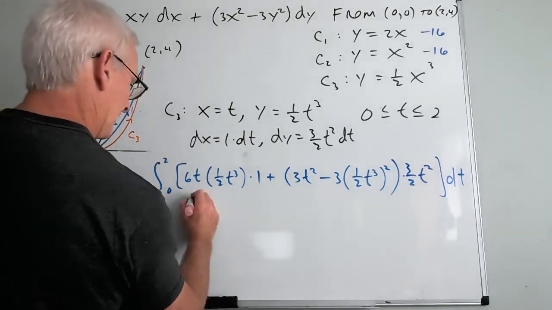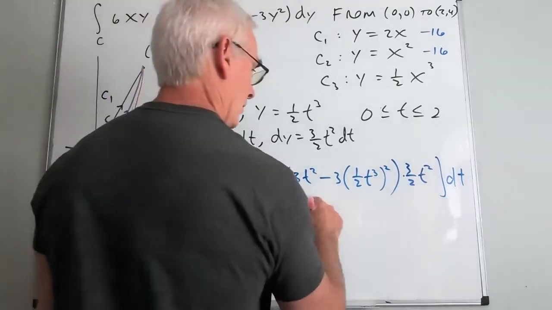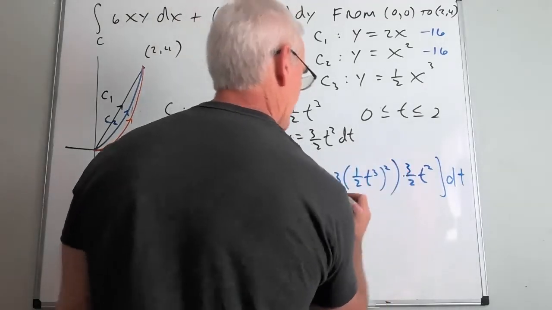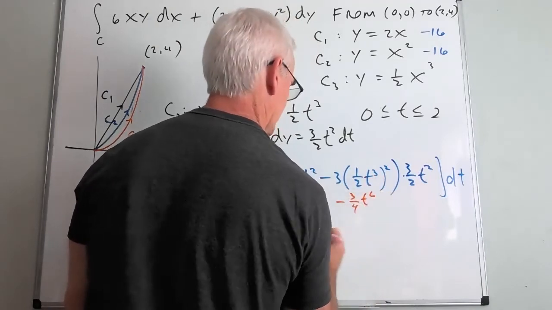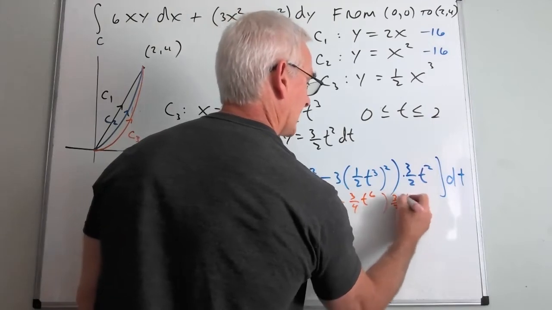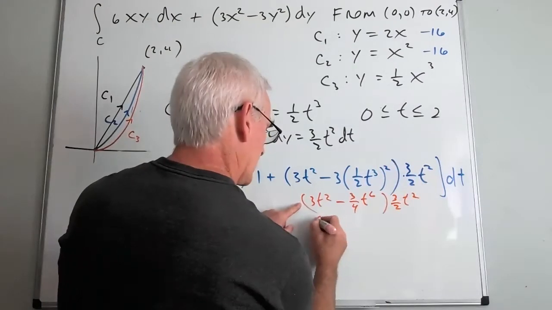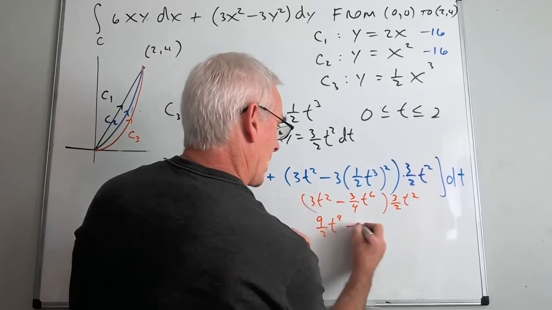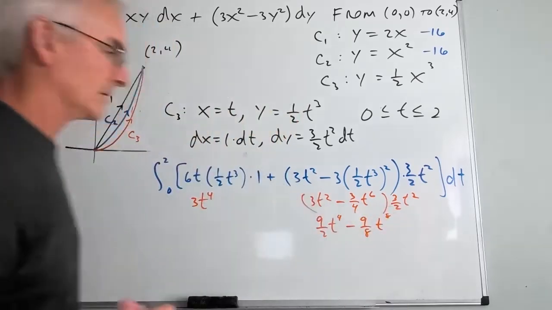So here it looks like we have 3t to the 4th. Over here, this term here is 1/2 squared times -3, so that's -3/4 t to the 6th. And I'm multiplying all that by 3/2 t squared. So it looks like this quantity here is going to be 9/2 t to the 4th minus 9/8 t to the 8th.